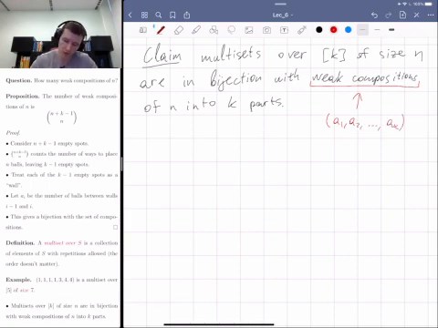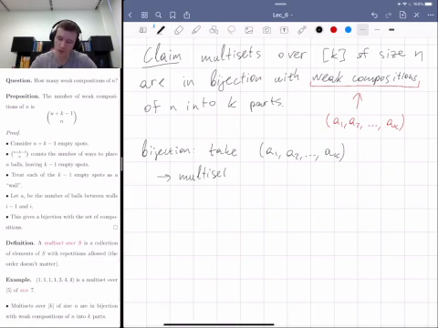So the bijection goes as follows. You take a weak composition, A1, A2, AK, and then convert it into a multiset.